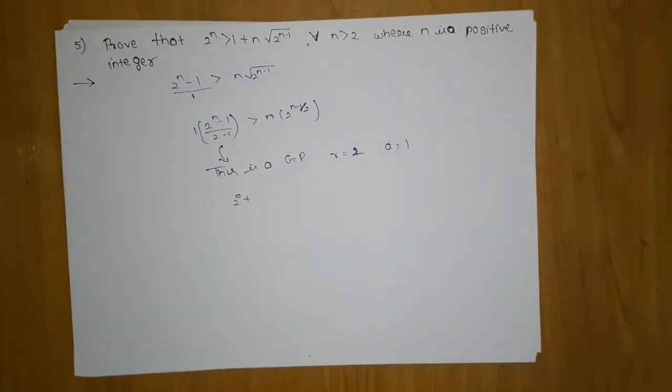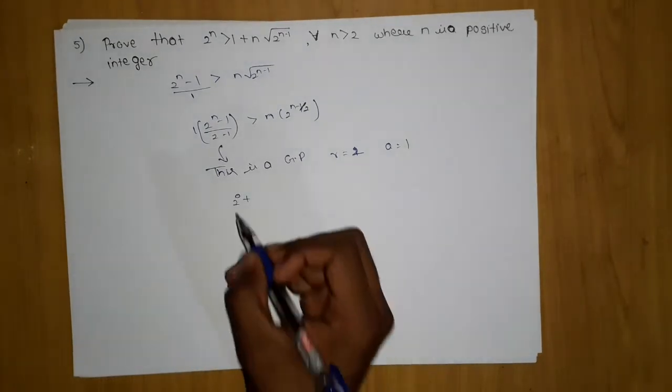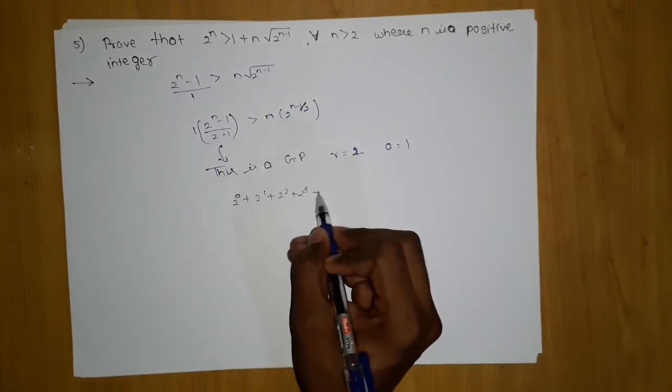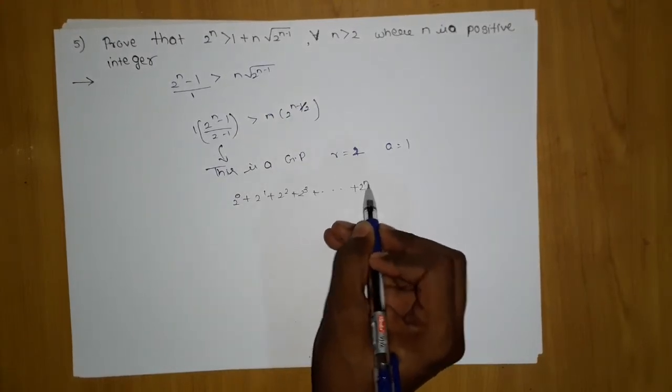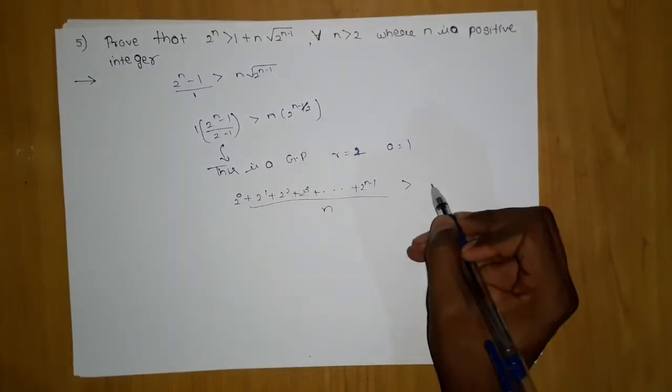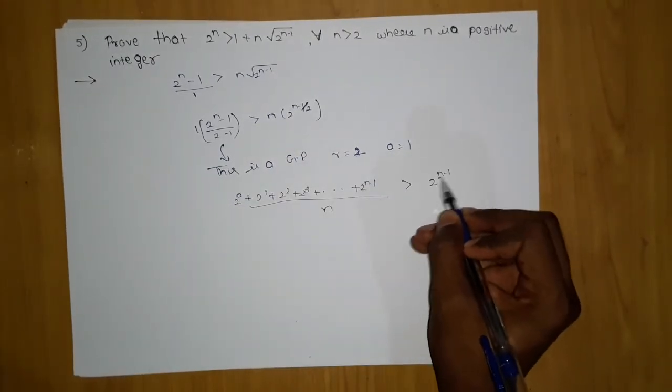This is a series, its first term is 1. 2 power 0, 2 power 1, 2 power 2, and 2 power 3, and so on till the last term, 2 power n minus 1. And here, if we take n here, we are left with 2 power n minus 1 by 2.